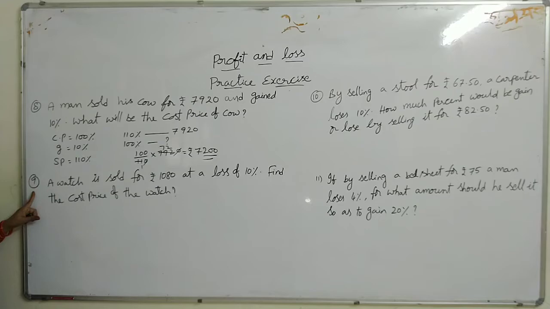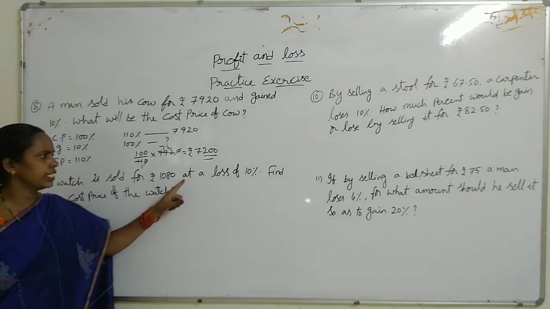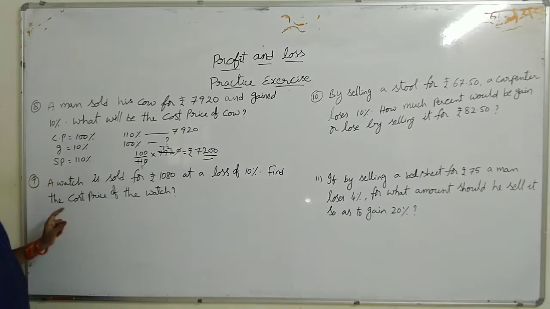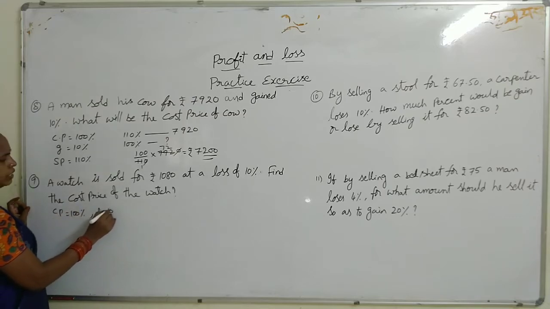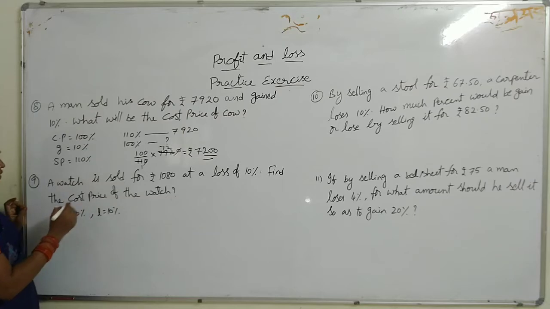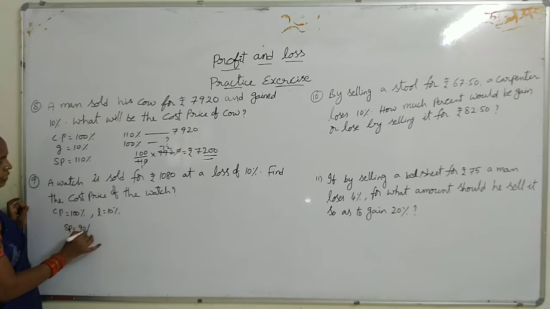Next, question number 9. A watch is sold for 1,080 rupees and at a loss of 10%. Find the cost price of the watch. Here CP equal to 100% and loss is 10% and SP equal to CP minus loss, that is 100 minus 10, that is 90%.